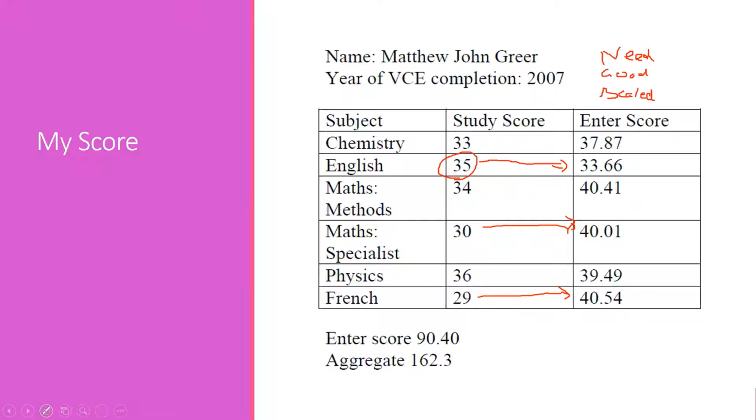And I'm like, yeah, but honestly, if you want to get into Melbourne Uni or Monash Uni, it's something you should think about. You should definitely never choose a subject just because it gets scaled up. You should choose it if you need it and you're good at it. If you're good at a language, do the language.